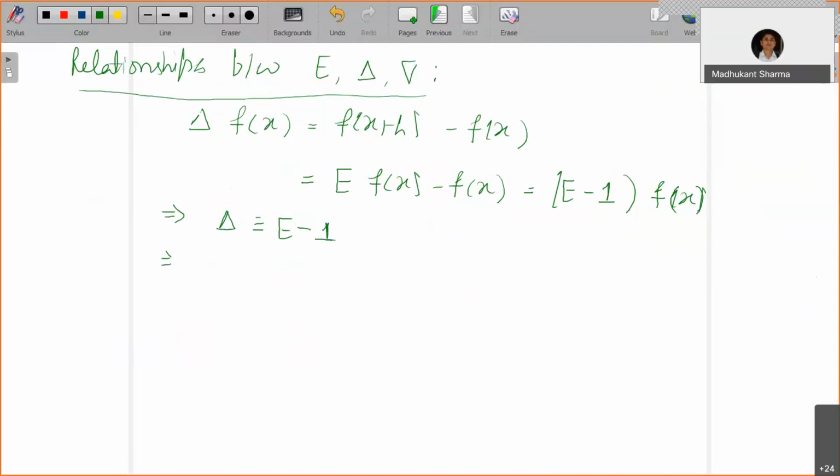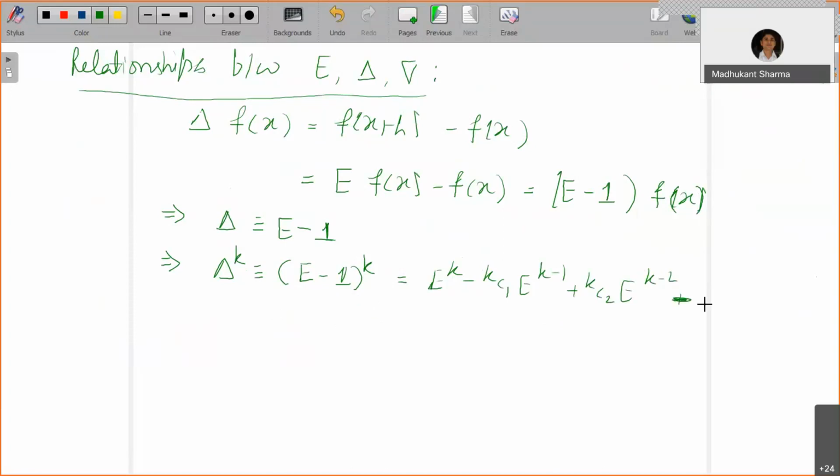So this implies delta to the power k means you are going to apply E minus 1, k times. If you open this with binomial coefficients, what you will get is E to the power k minus kC1 E to the power k minus 1 plus kC2 E to the power k minus 2 and so on.